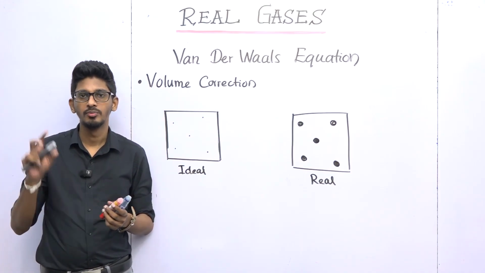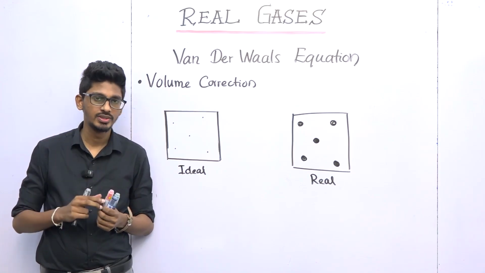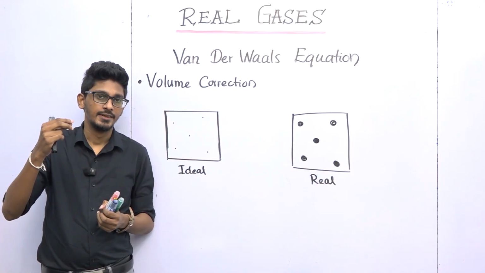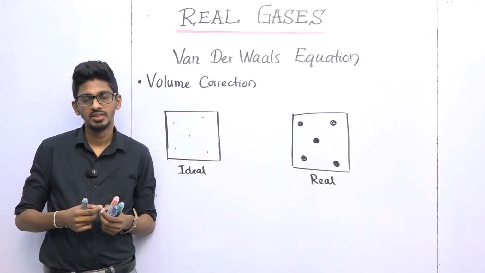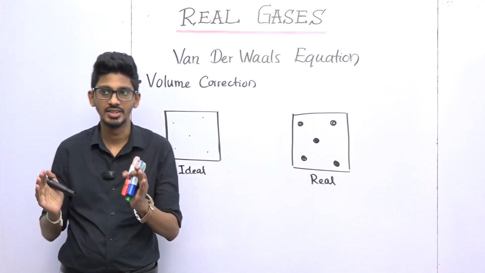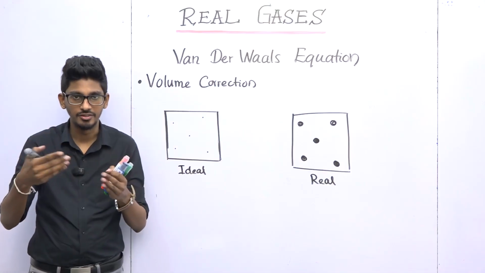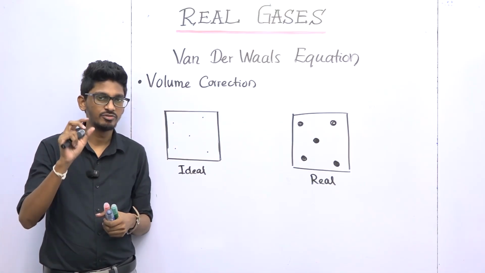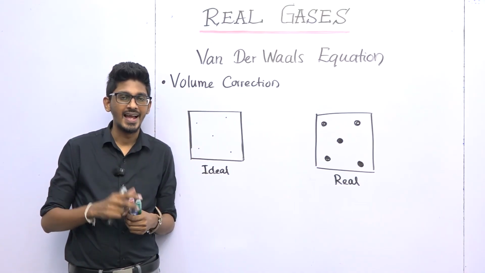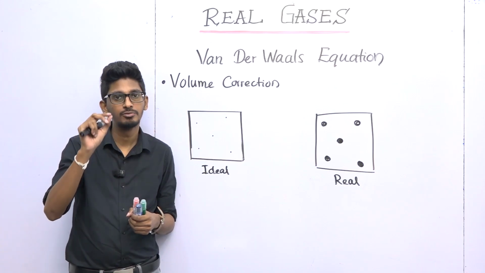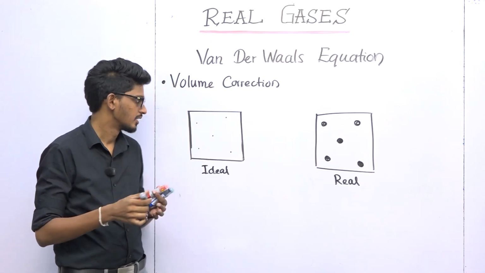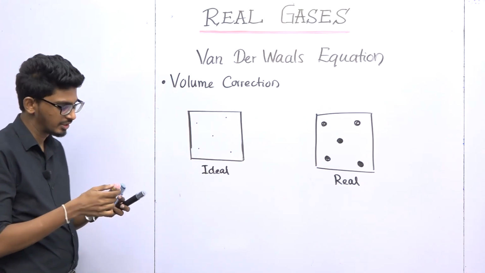But actually that V is equal to the free space available for ideal gas molecules to move. It is referred to as the ideal volume or the effective volume.